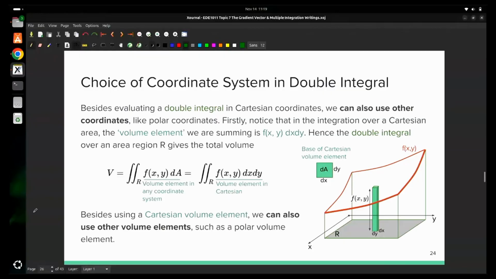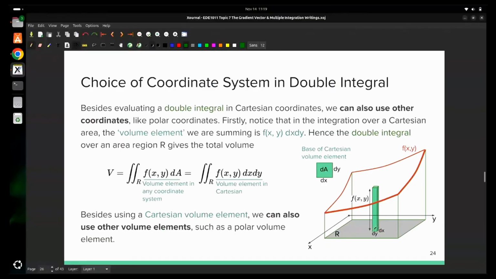So now, before we talk about the polar coordinate system, if you look at this first expression, I'm trying to find a volume. I take the height times dA. This dA is really just the area of each infinitesimally thin block.